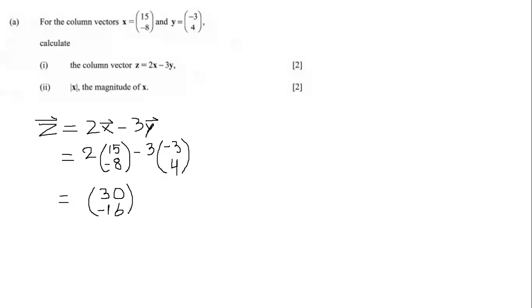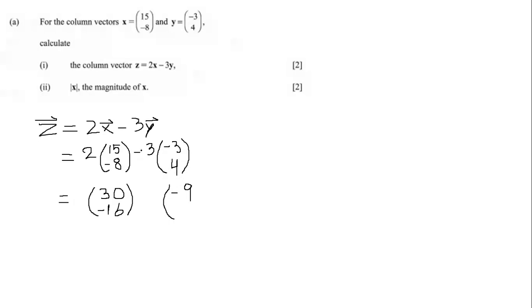Now let us consider this expression. We have -3 multiplied by -3, and what is that? It's -9.